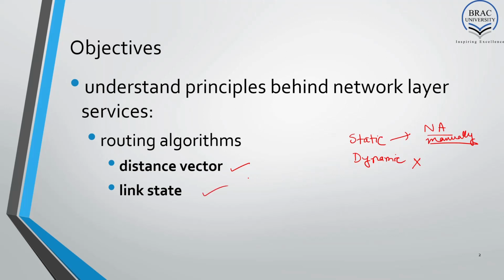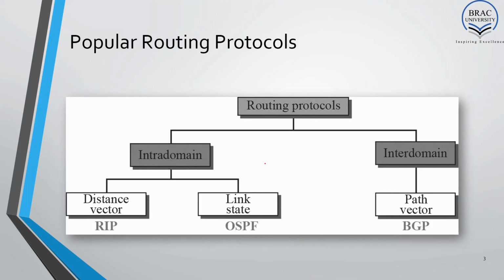So what's the principle behind this routing algorithm? We will cover that shortly. There are many popular routing protocols used nowadays, but basically routing protocols are divided into two types: intra-domain routing and inter-domain routing.